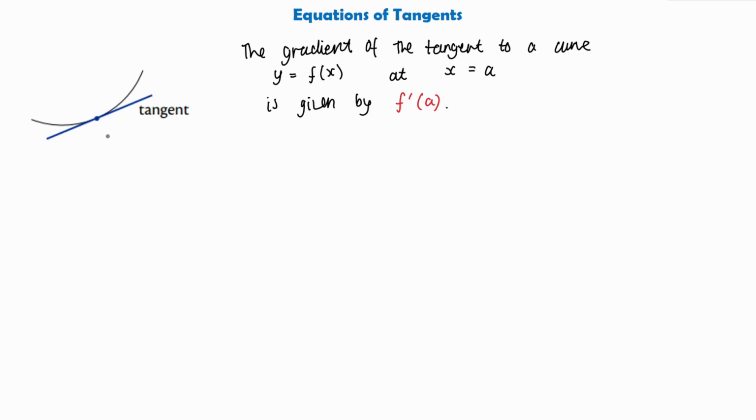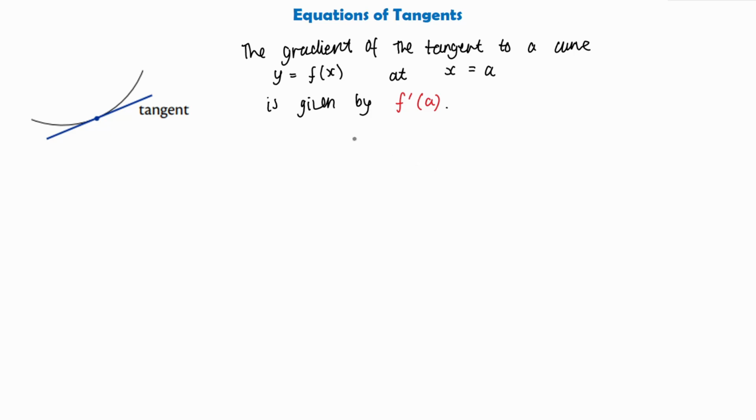Now, as we mentioned in our last video on rates of change, you might find this quite familiar, and that is because this is the exact same as finding the rate of change of f at the point a. And so to work out the equation of the tangent, we know we're going to need the gradient, and we're also going to need a point on the line.